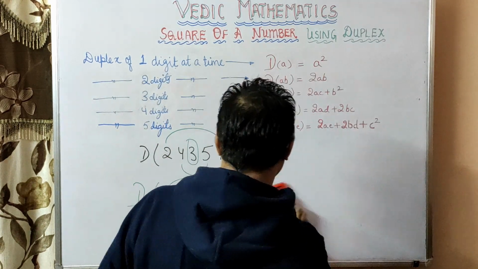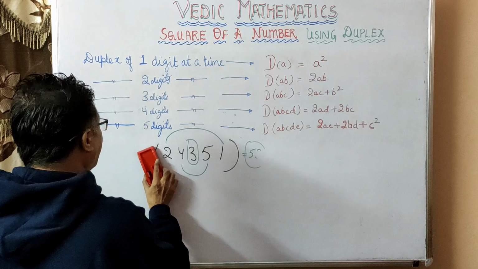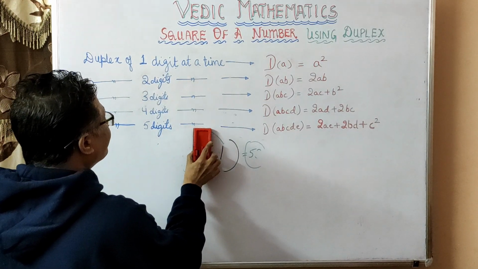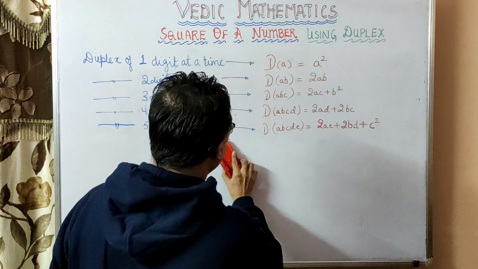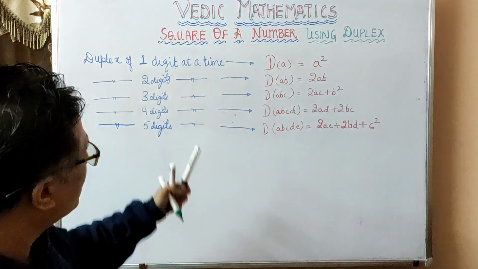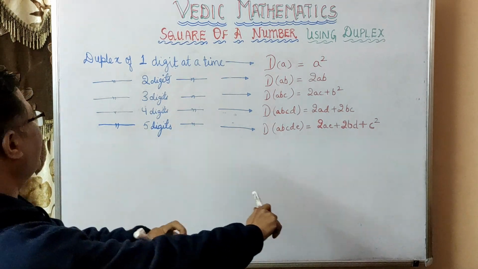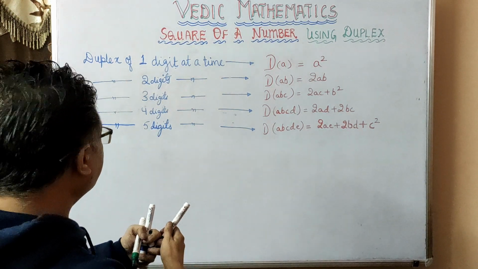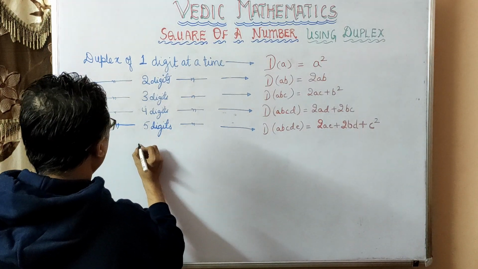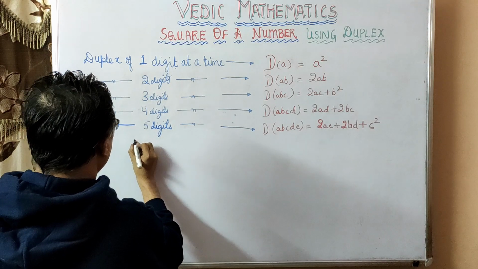Now we will go to the real examples and I will show you how we calculate the square of any number using this duplex method. We'll start with a 2-digit number, then we'll go to the 3-digit number, then 4-digit number, and then to a 5-digit number.